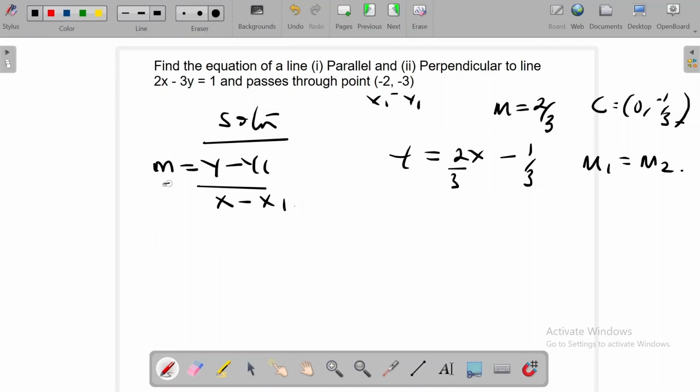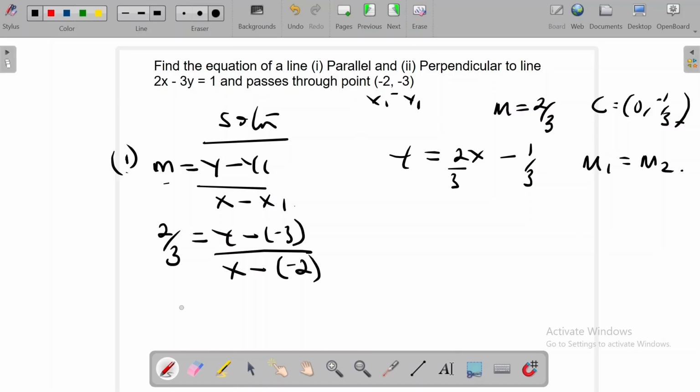So what is the slope in this case? It is 2 over 3. If it is parallel, it means the slope still remains 2 over 3. So I would simply say 2 over 3 is equal to y minus, what is my y1 in this case? That is negative 3. What is my x1? That is negative 2. This becomes 2 over 3 is equal to y plus 3 over x plus 2.